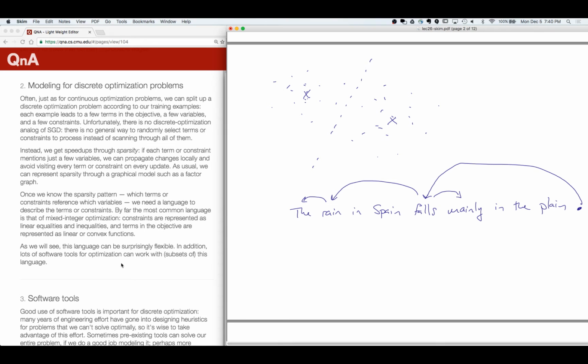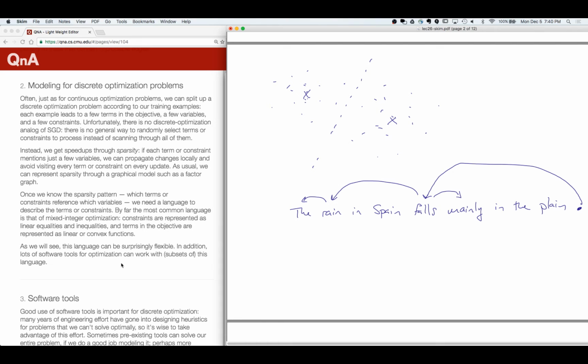And so instead, what we will do is we'll try and get speedups by sparsity, meaning that if we have terms or constraints that mention only a few variables, what we can do is propagate changes locally. And that means that just like SGD, we don't have to visit every constraint or every variable on every update.